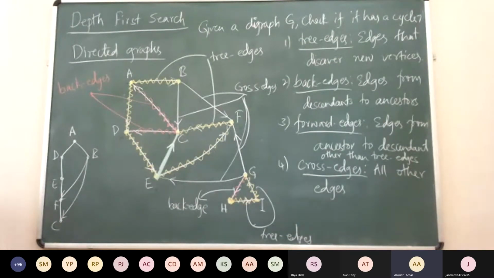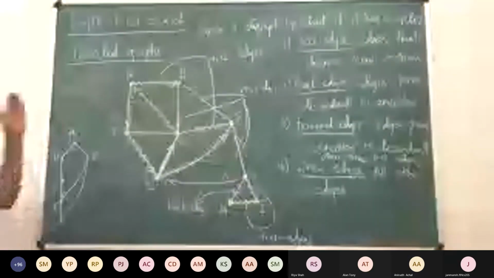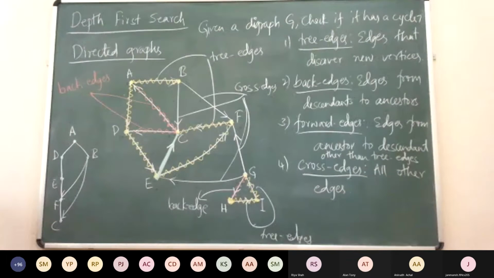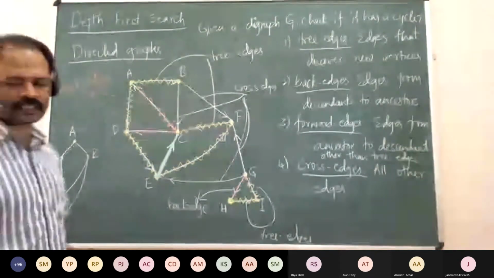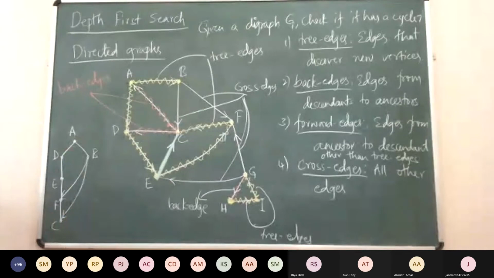So what Anirudh says is that he comes up with an algorithm. So you do a DFS, right? There we said that if there exists a non-tree edge, there exists a cycle. Here, notice one thing I want to tell you.